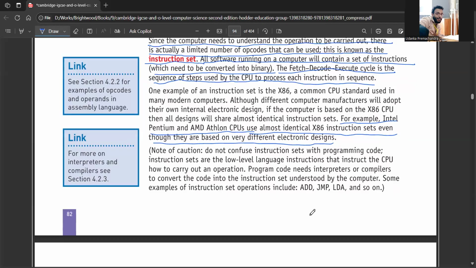Keep in mind, there are two differences between the instruction set and the operation.